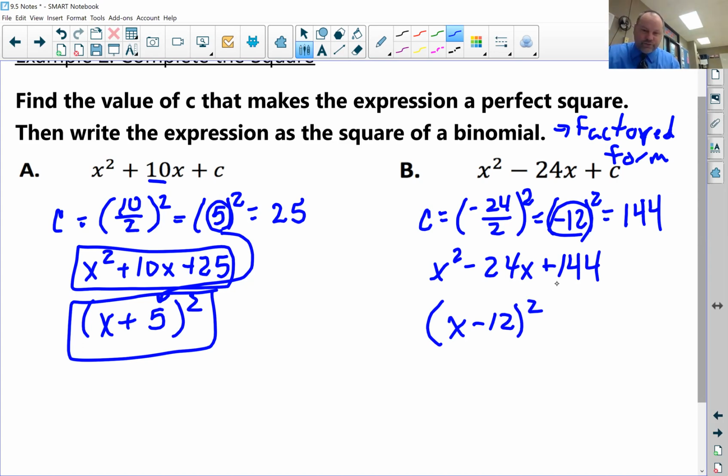So a couple of things with the perfect square form. This sign will always be the sign in our factored form. And then the value for C will be the value that goes there.